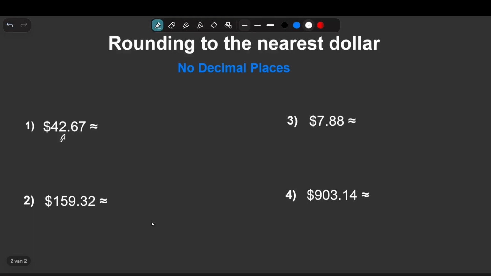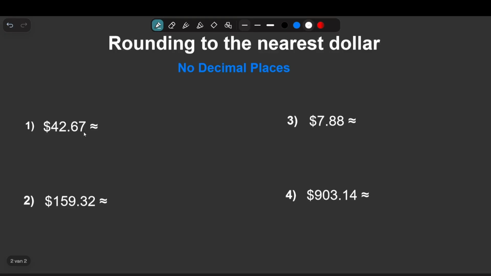So let's find the digit in the ones place. For the ones place, there is a 2. As you can see here, we have a 2 in our ones place. Now we're going to see if this whole number is closer to 43 or closer to 42.